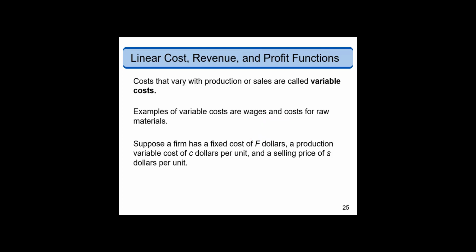Also, some of the costs could be variable costs because they vary with the production level. An example of variable costs is the wages of the production workers.